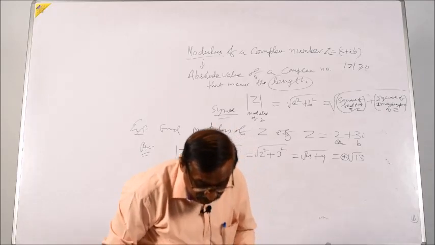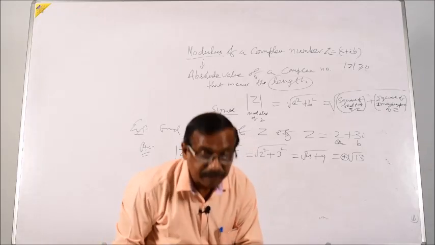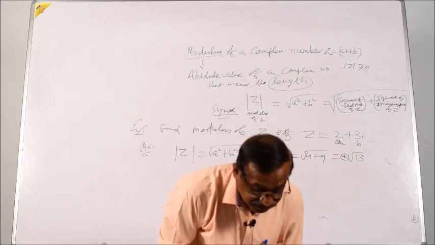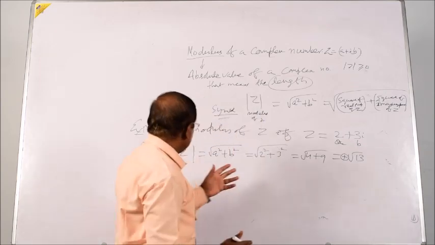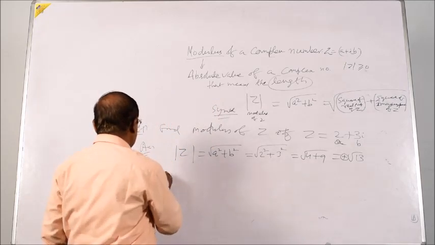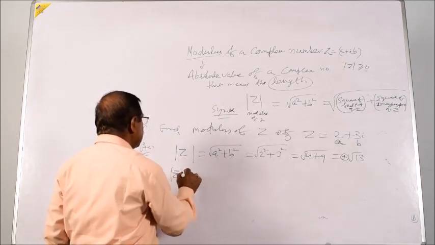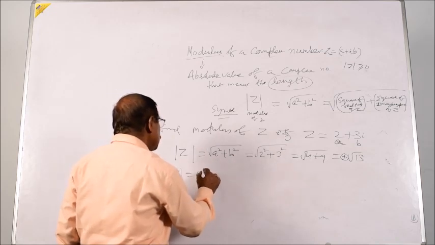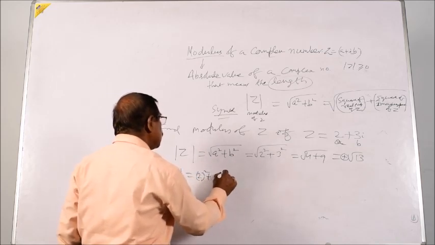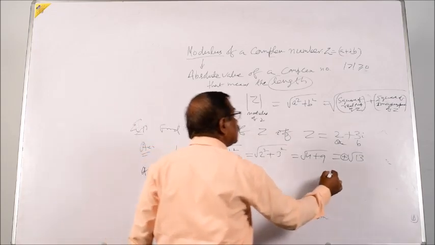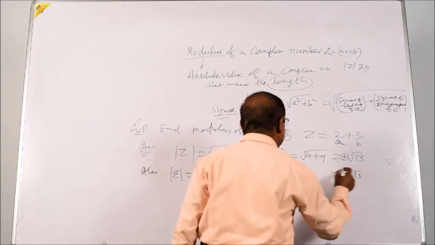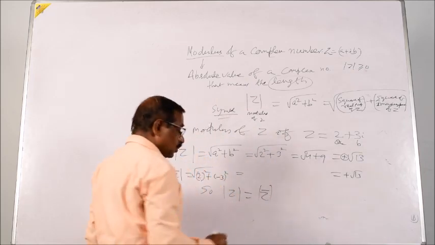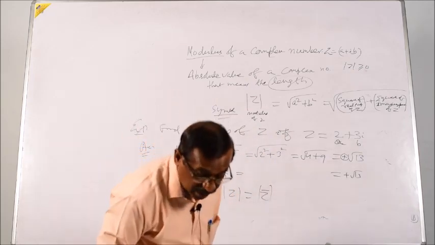Now, we shall read the properties of the modulus of complex numbers. You see, also z bar is what? z bar is 2 minus 3i, this is 2 square plus minus 3 square, the same thing you will get, that is root over 13. So, mod z is equal to the modulus of z bar.